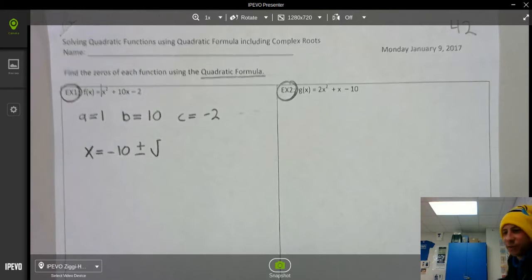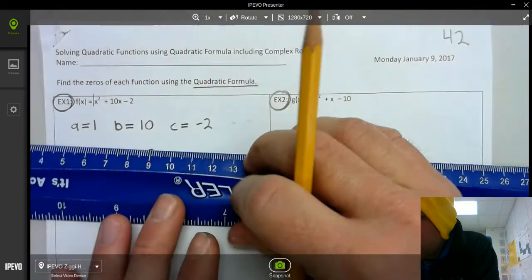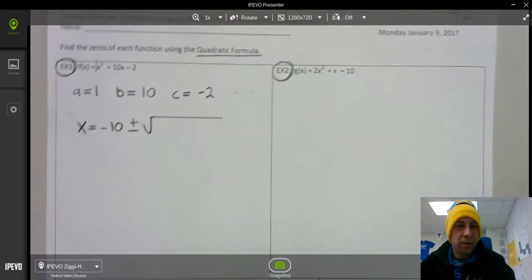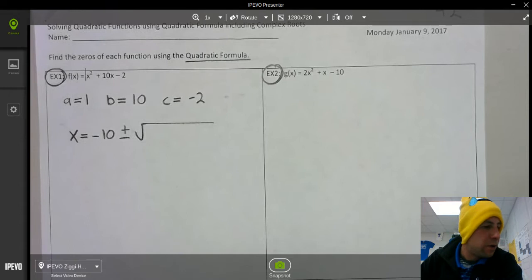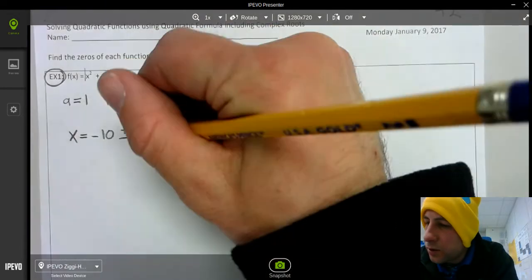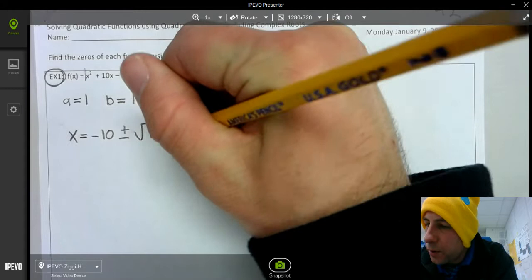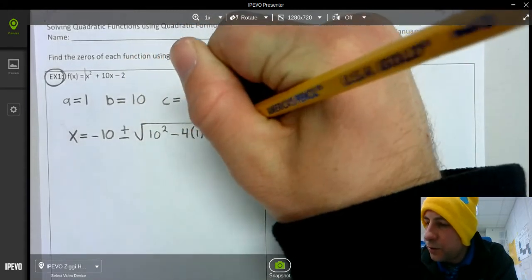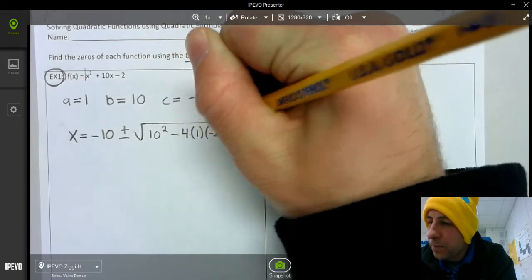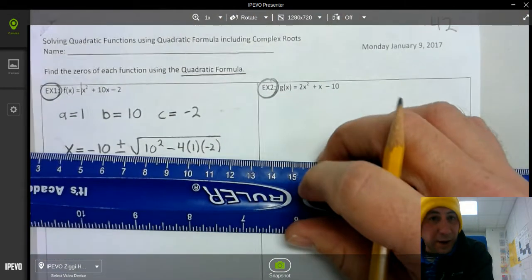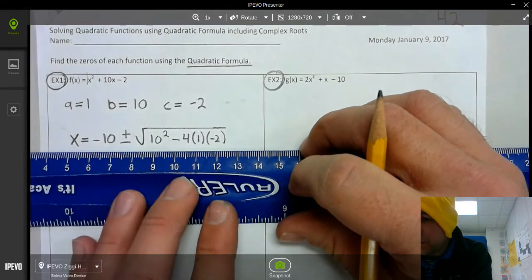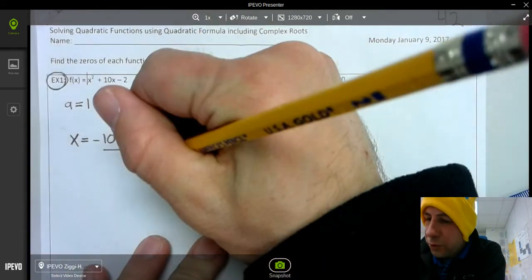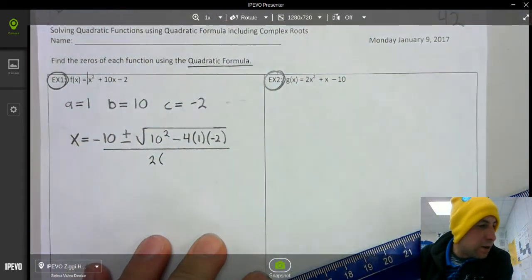All right, got the ruler. So then it's b squared, so that's 10 squared minus 4, a is 1, c is negative 2, divided by 2, and then a is 1.